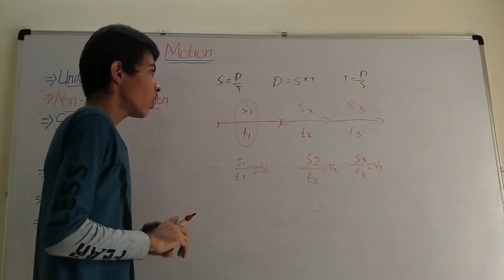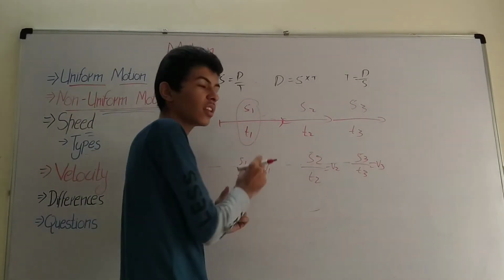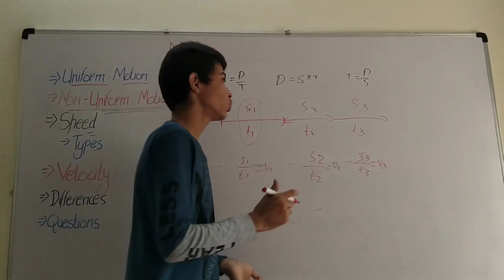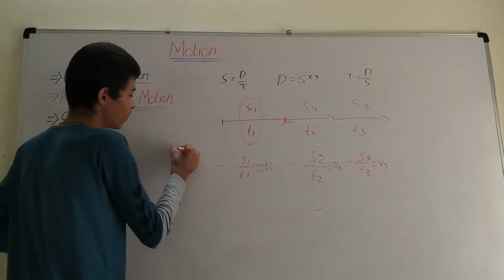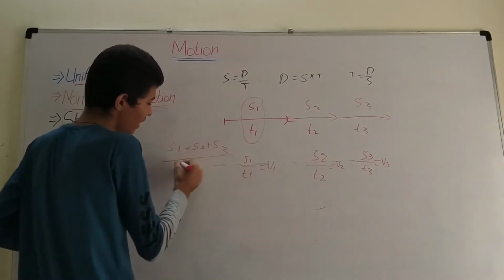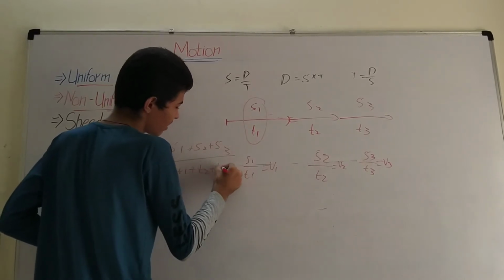Now another formula: the average speed is the total distance traveled divided by the total amount of time. So you could do it that way: s1 plus s2 plus s3 divided by t1 plus t2 plus t3.